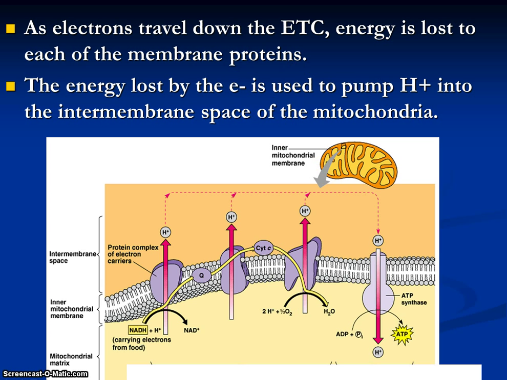From there, those electron carriers are going to carry, here's an example, here's an electron carrier. NADH is going to carry those electrons to the inner membrane where there's a protein complex, and here you can see the particular protein complex. It's going to carry them here, and then these electrons are going to be pumped, if you will, through these membranes.